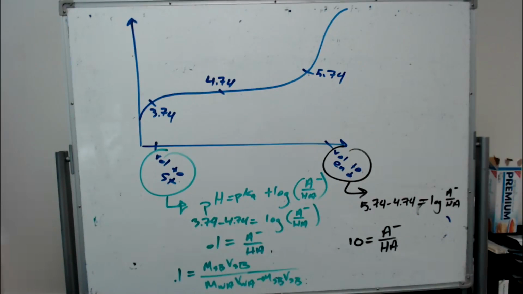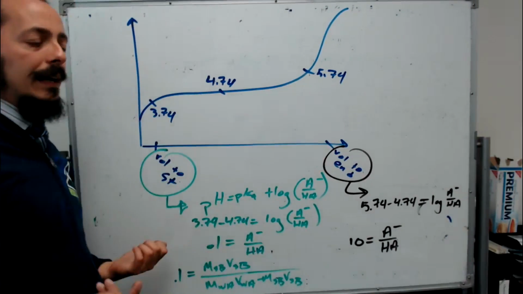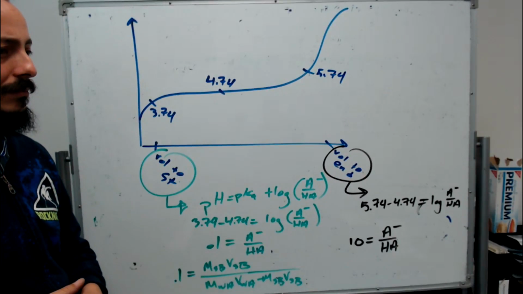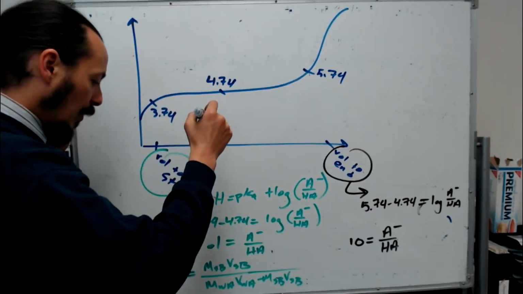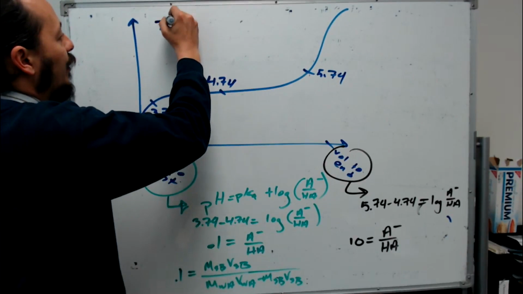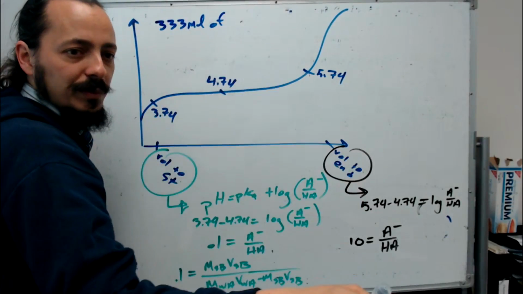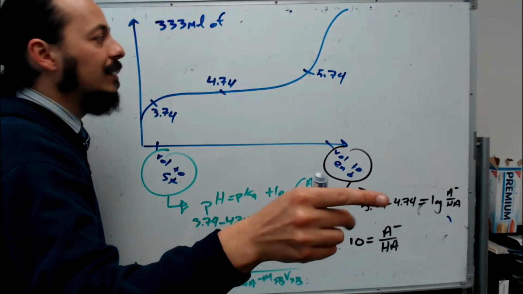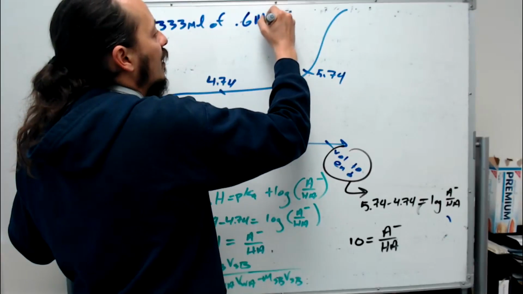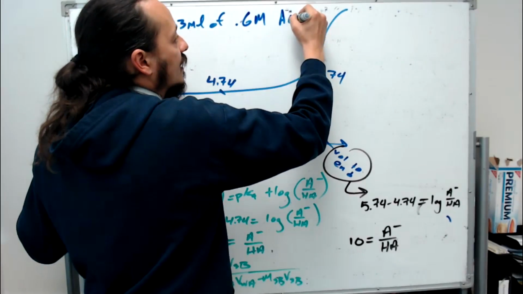So we need to pick some numbers so we can actually do this calculation. Favorite number? 3. So we will do 333 milliliters of somebody else's favorite number, 6. 0.6 molar acetic acid.